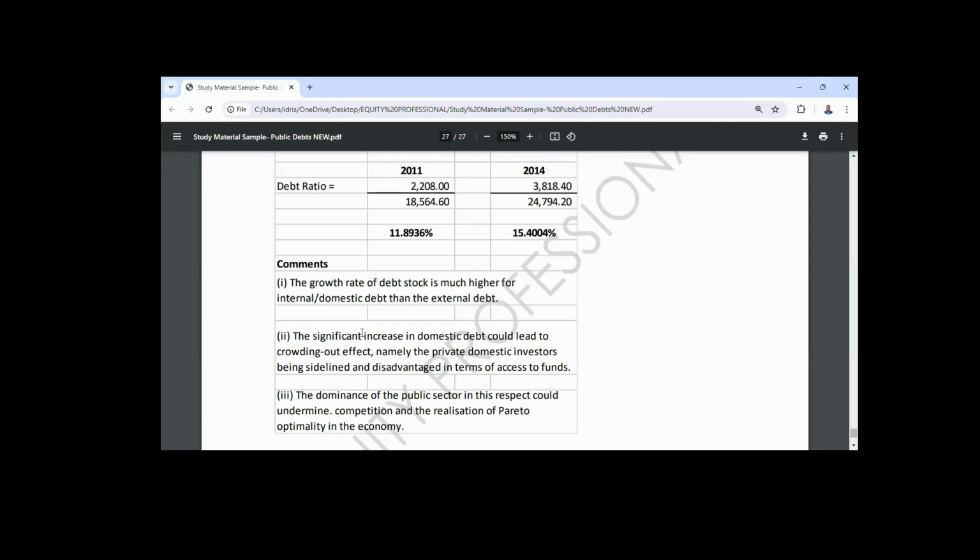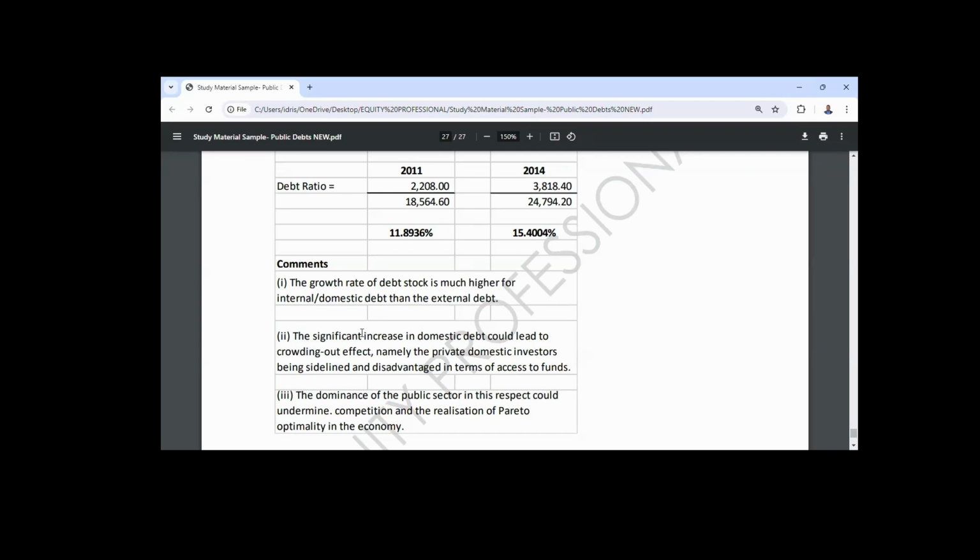So that is the comment the examiner wants us to make. You need to first of all let them know that there is an increase in the debt ratio from 11.8936% to 15.4004%. The increase may be as a result of what? Significant increase in domestic debt.